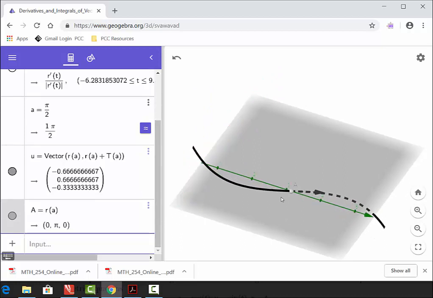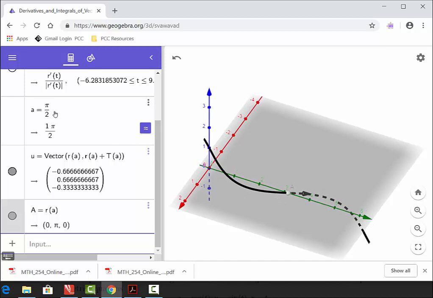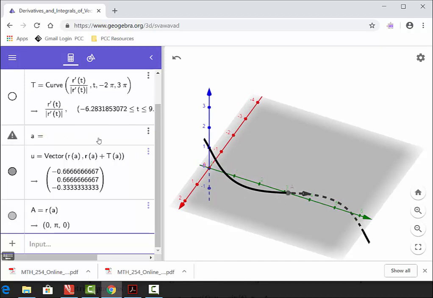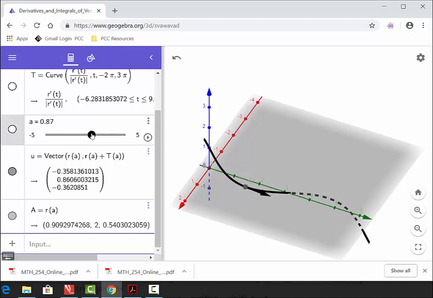And what I've done by creating this slider is I can now see how the length of the tangent vector is always 1. It's not changing, but it's always just pointing in the direction that the curve is going at any point as I slide that a value along.